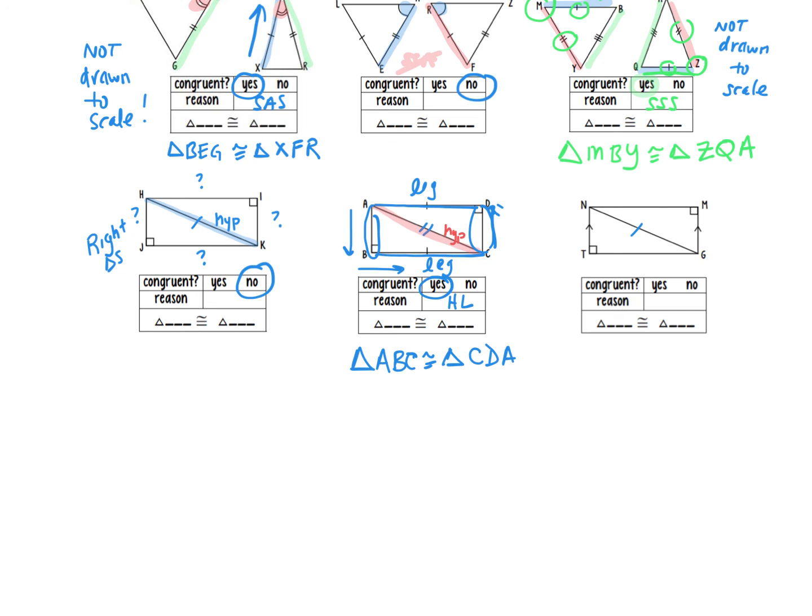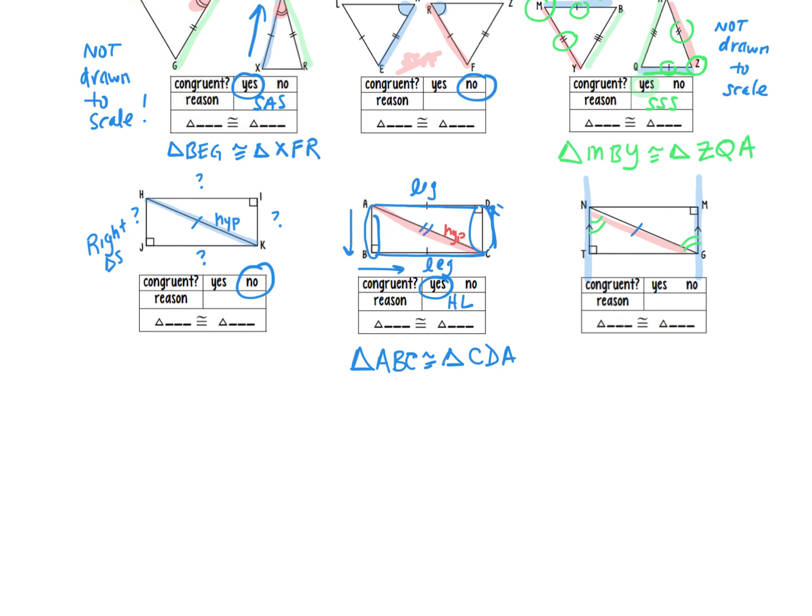All right, last one. These are right triangles because we do have right angles. They share a hypotenuse, so that is a side that's congruent from one triangle to the next. But notice in this case, I'm indicating that the lines are parallel to each other. Parallel lines are not necessarily congruent, but parallel lines do give us alternate interior angles that are congruent.